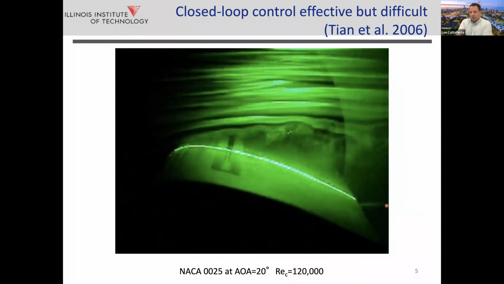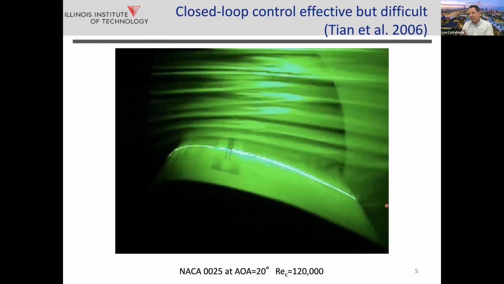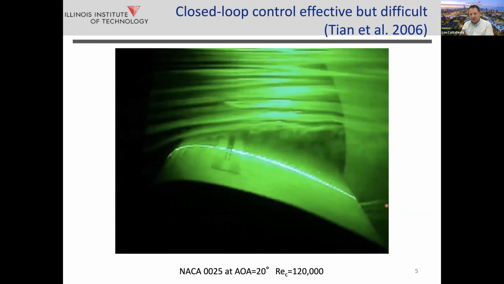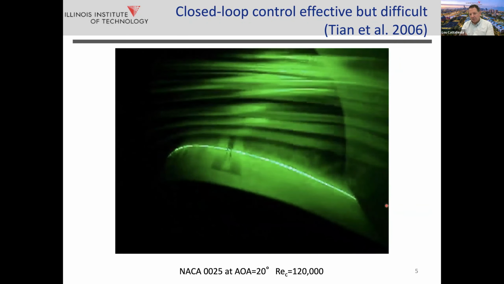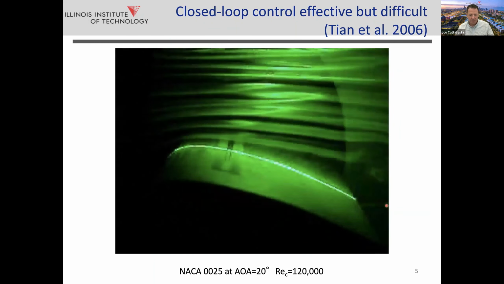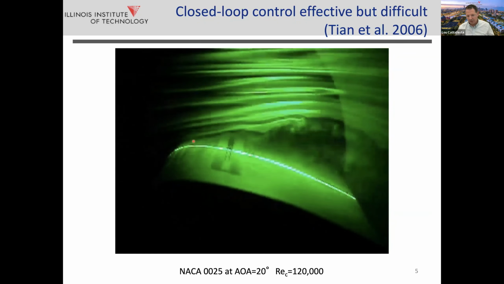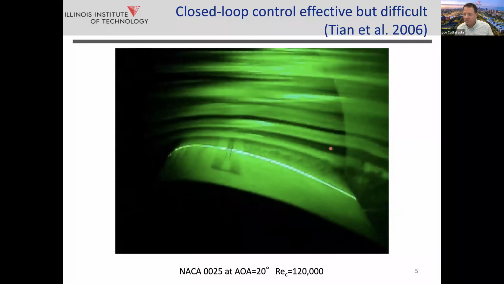One of my former students, Yi-Tian, studied adaptive control, and this illustrates some of the complications of this. So you're looking at an airfoil, a rather thick NACA airfoil, and PIV images of smoke flow visualization at a pretty high angle of attack. So you can see that the flow separates off of the leading edge of this, and you have this large stall cell that appears.